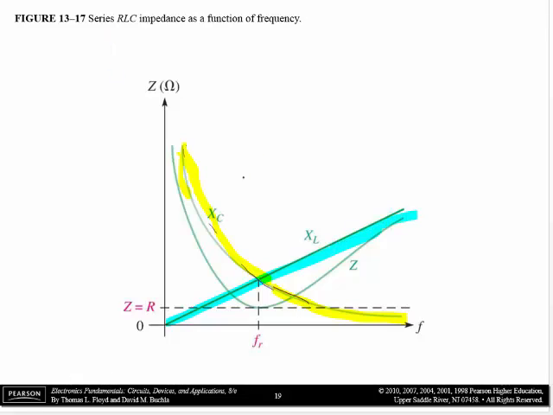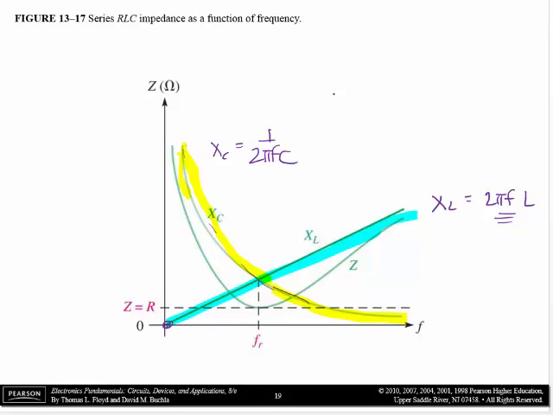Because XC equals 1 over 2 pi FC, so we have a 1 over F shape, and XL has a 2 pi FL shape, which is just a straight line passing through the origin right there.